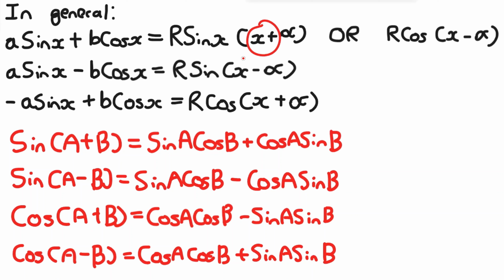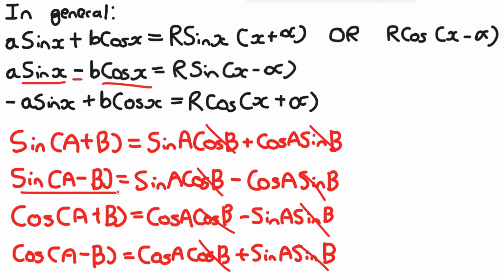So as x is always the first one in the bracket, therefore it is always the a here. So let's just ignore the b, it's not relevant. So the b's here don't matter. So let's pretend that we're working in this form here and we need to know which form to write it in. Well, we need the form sin x minus cos of x, and as x is a, we need the form sin a minus cos of a, and we can see that this is this one here.